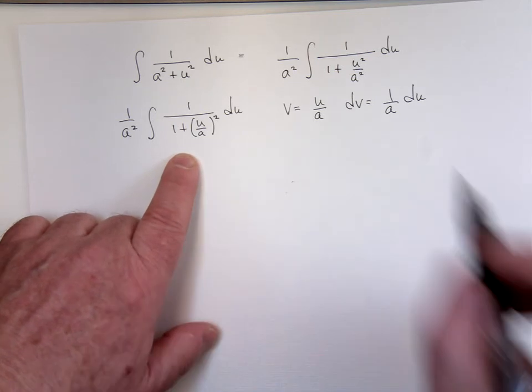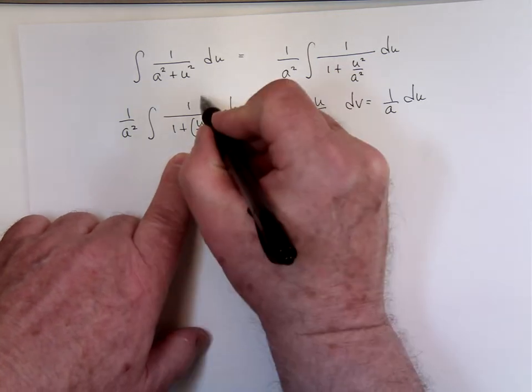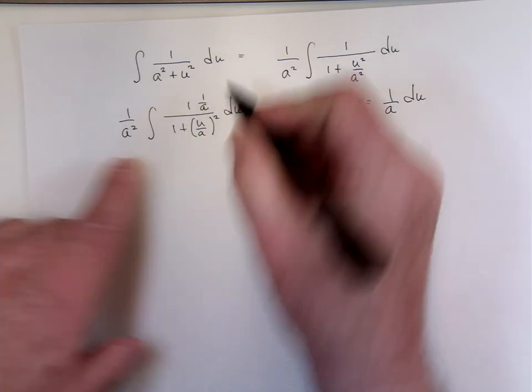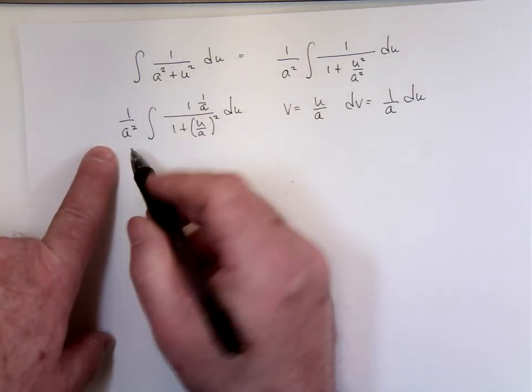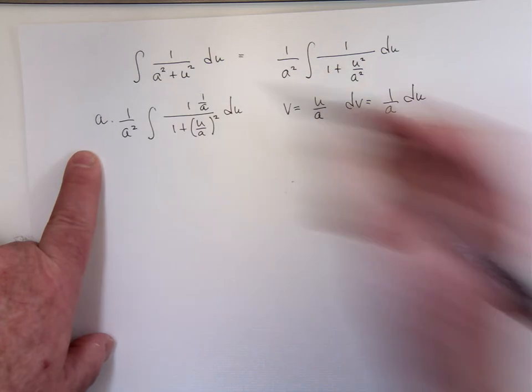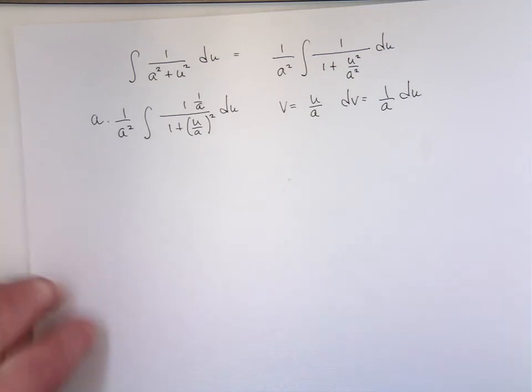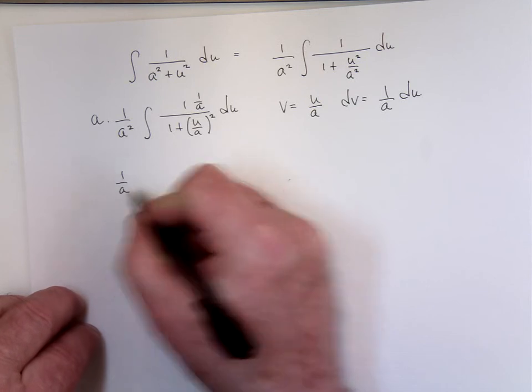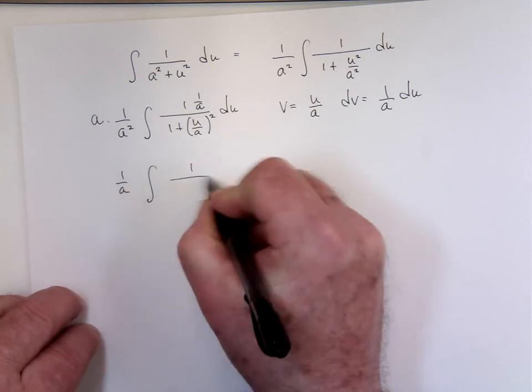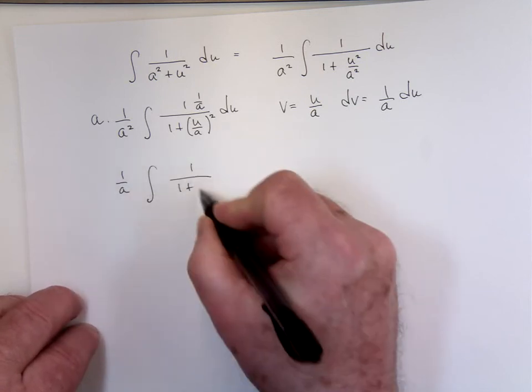I need to multiply the numerator by 1 over a and multiply outside by a, just like I did with the 1/3, to get 1 over a, integral of 1 over 1 plus v squared dv.